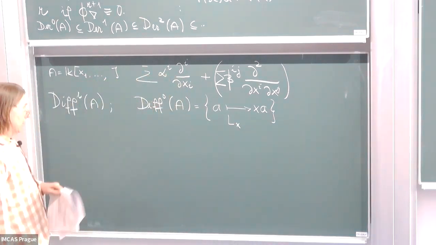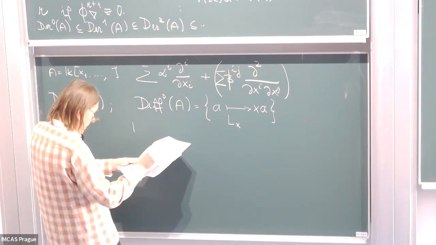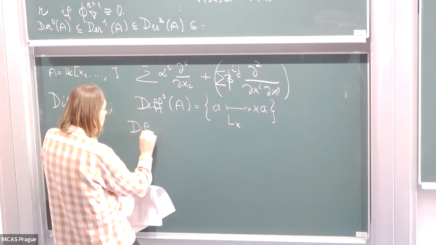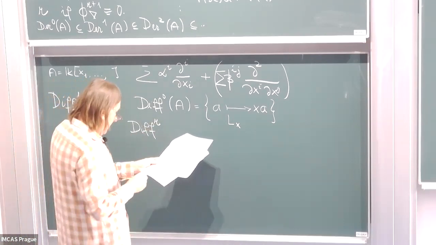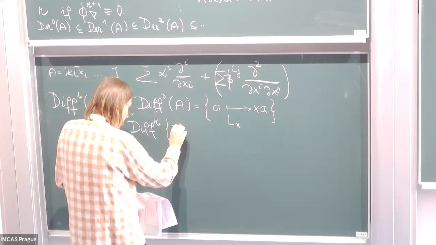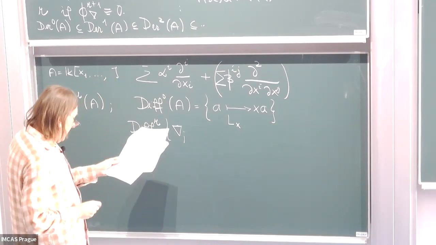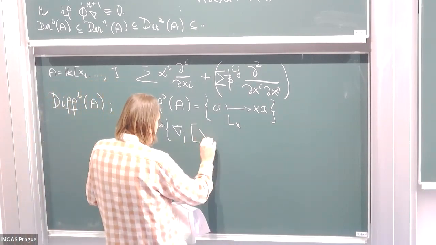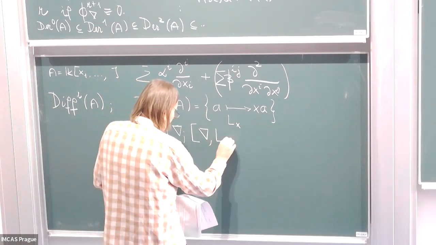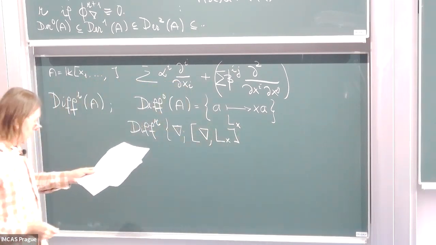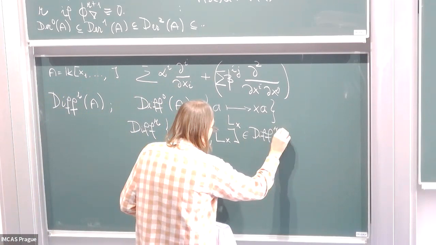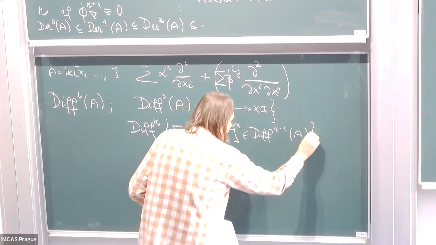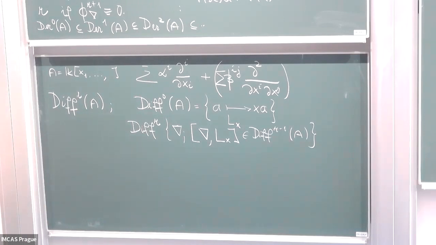So this is Diff 0, and Diff R is the set of all linear maps nabla such that the commutator of nabla with this operator of left multiplication is from Diff R minus 1 of A. So as I say, this is a definition due to or attributed to Grothendieck.